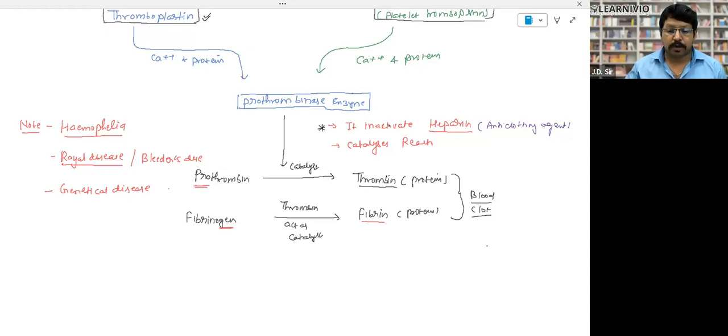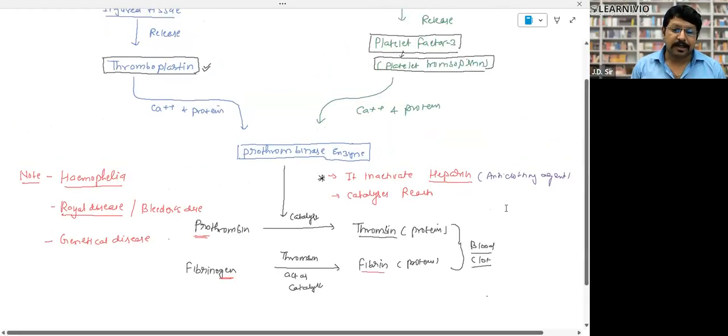Thrombin is a solid protein. This thrombin protein converts fibrinogen into fibrin. Fibrin and thrombin are both solid proteins, and they make the blood clot. This blood clot prevents the excess flow of blood. So this is the complete story behind the blood clotting process.